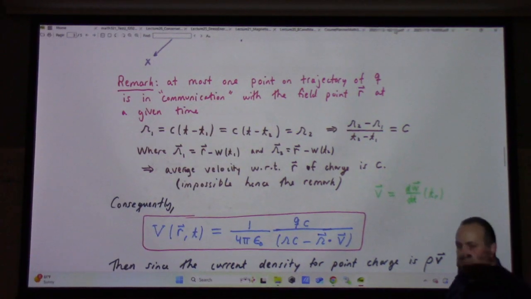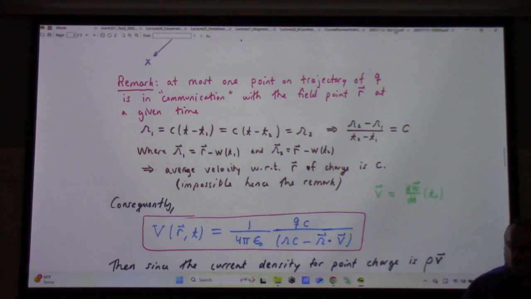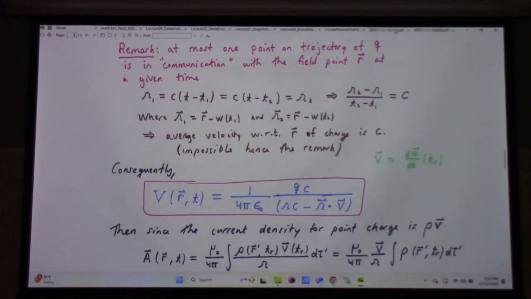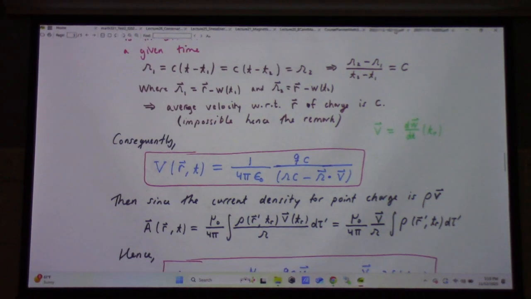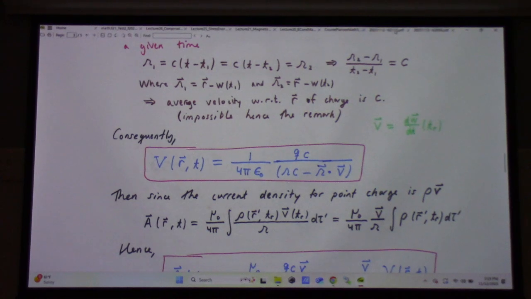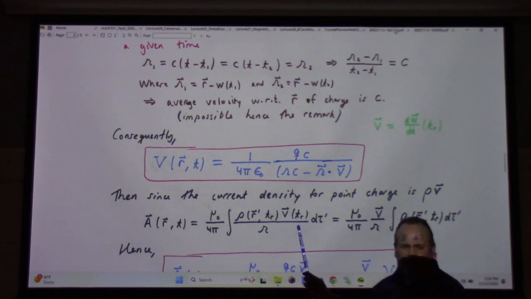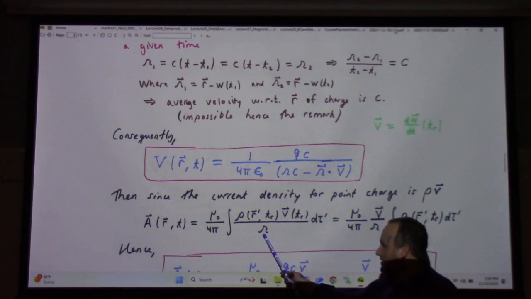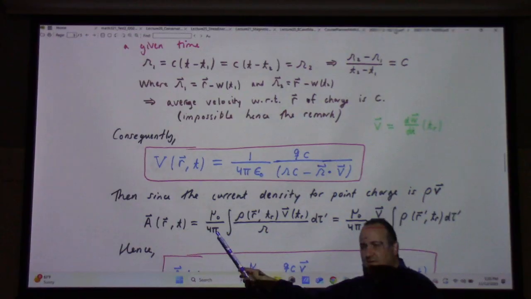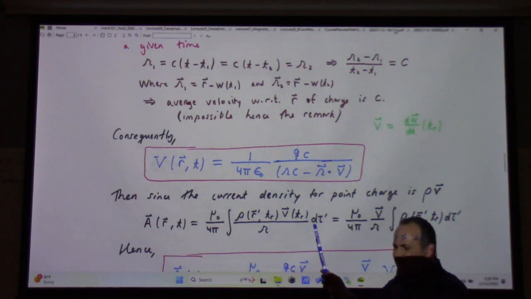This is one of the Lienard-Wiechert potentials. And then, since the current density is just density times the velocity, that gives us this here. This part of his derivation points out that you can pull the separation distance outside of the integral for a point charge.